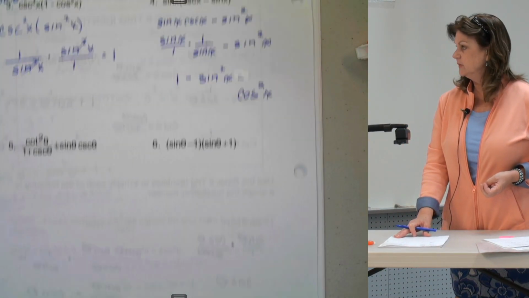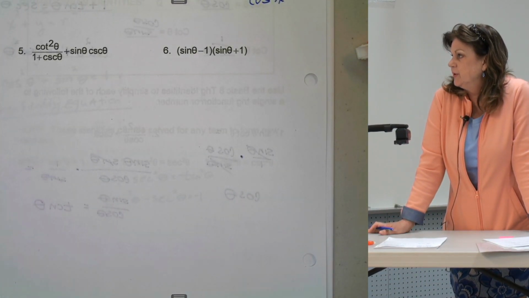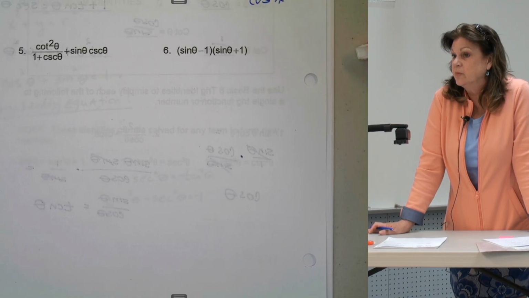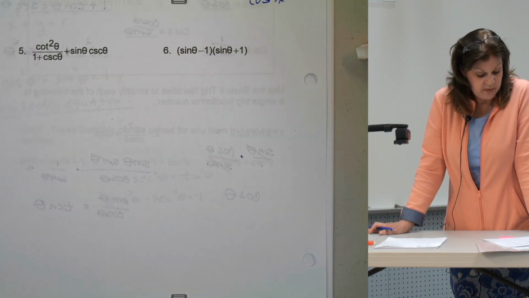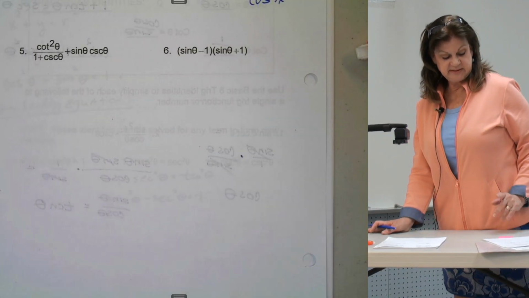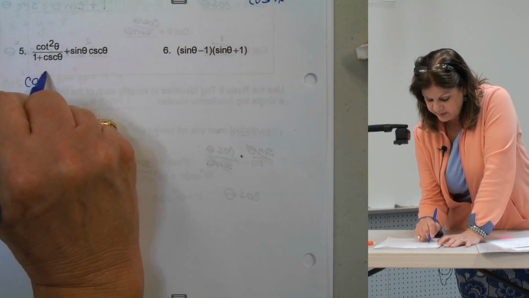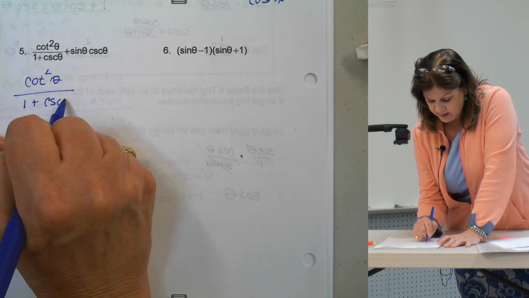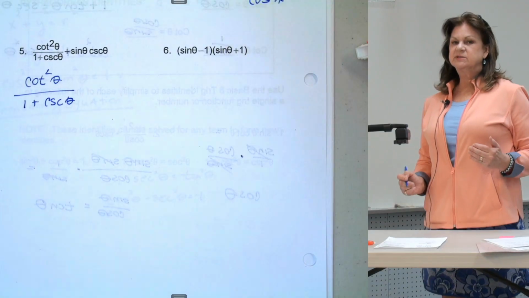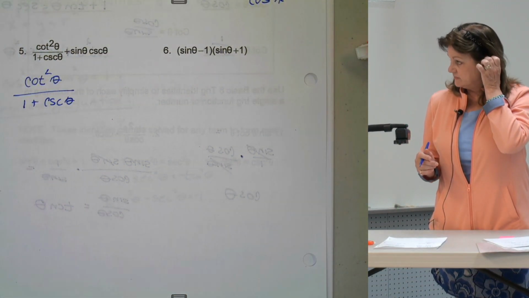All right, you ready? Let's go. Let's look at 5. Cotangent squared over 1 plus cosecant plus sine times cosecant. Oh boy. All right, so first of all, let's see what we recognize here. I'm not going to worry about the cotangent squared theta yet, because the denominator isn't squared. The numerator may be part of the granddaddy, but the denominator is definitely not.